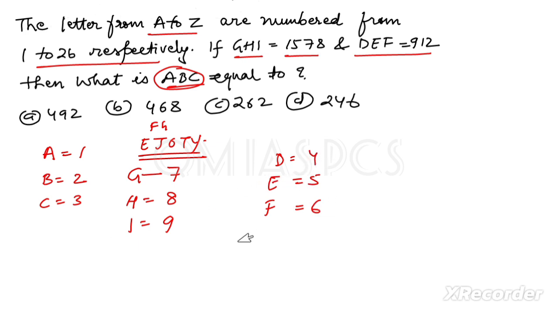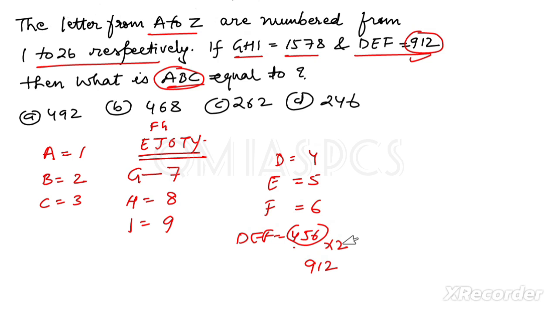So if you are a little good in mathematics, you can see that this value is double this one. 456 multiplied by 2 will be 912. And you need a little interest in mathematics, it should be there.